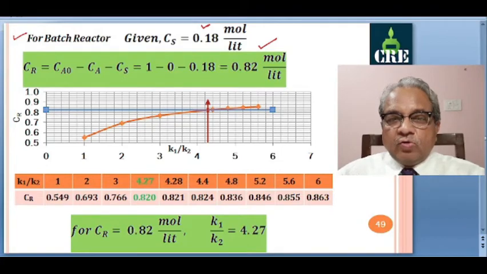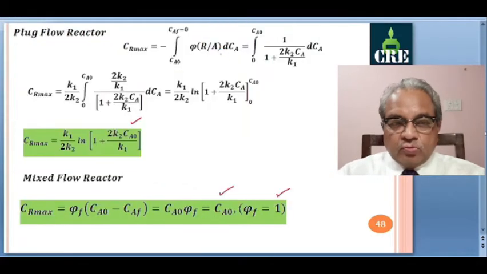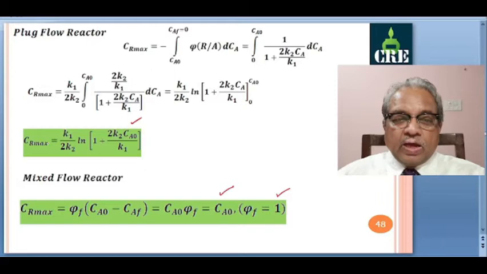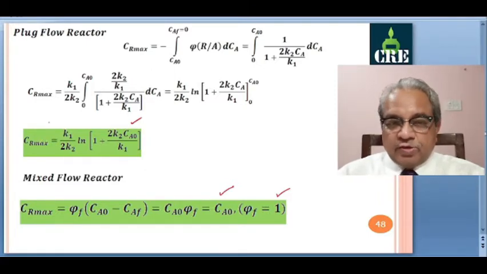So what we have to find out is, for Cr equal to 0.82, which value of this ratio, K1 by K2 or K2 by K1, we should use so that we get this value as 0.82.